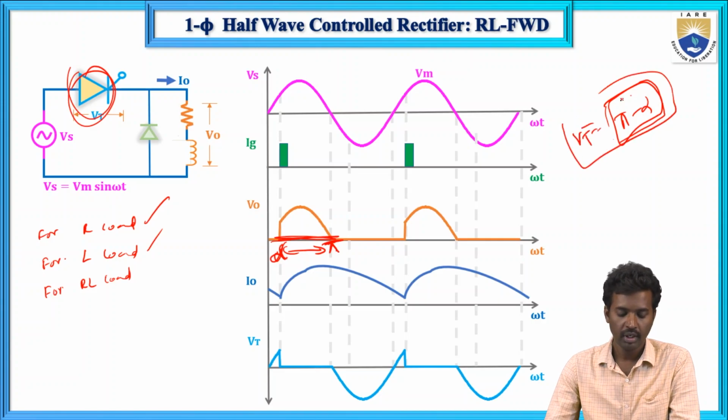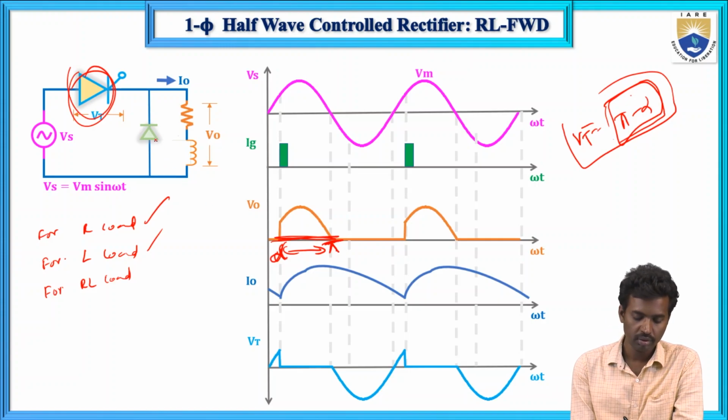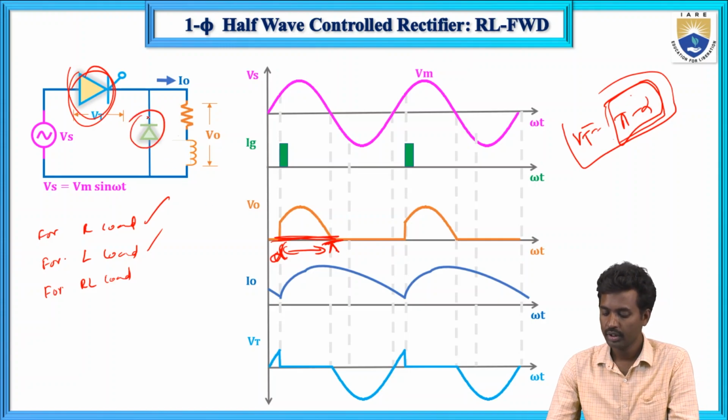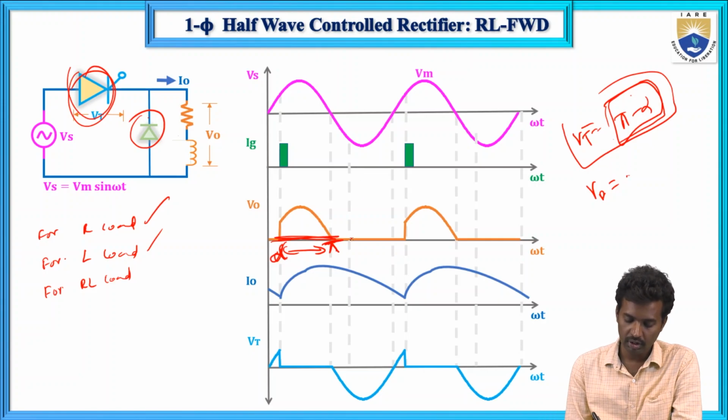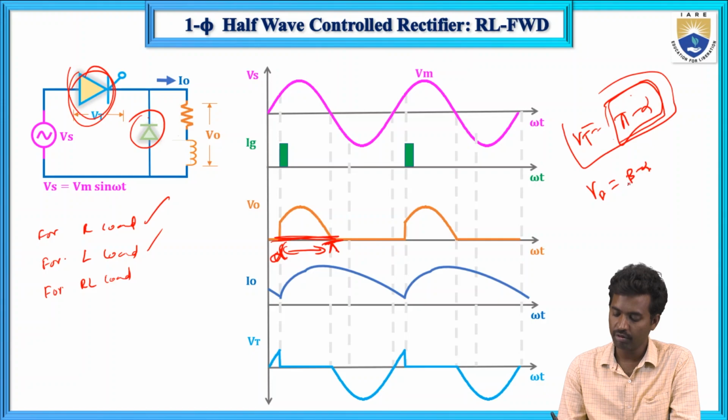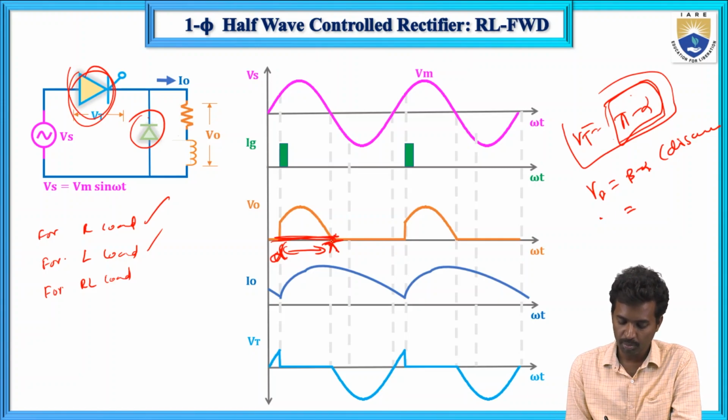Next, the conduction angle of this diode. For discontinuous mode, the conduction angle of the diode is beta minus alpha, and for continuous conduction mode, it is from pi to 2 pi plus alpha.